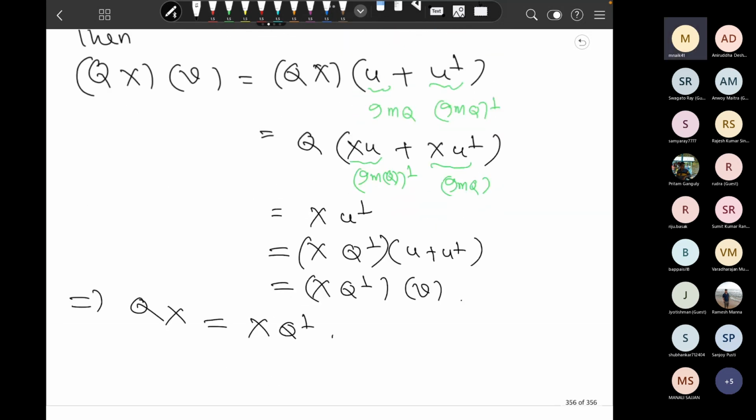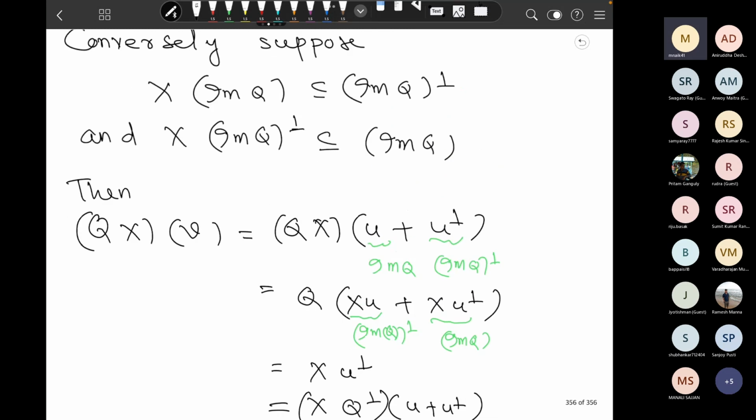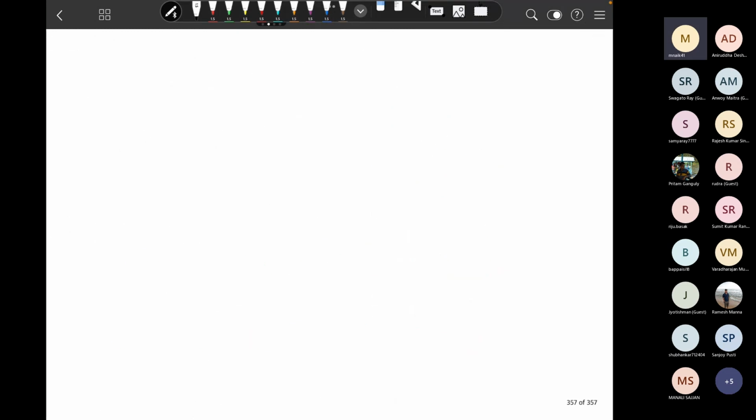So hence what we get? Hence we get the equivalence of three things. This is Qx plus xQ is equal to x.